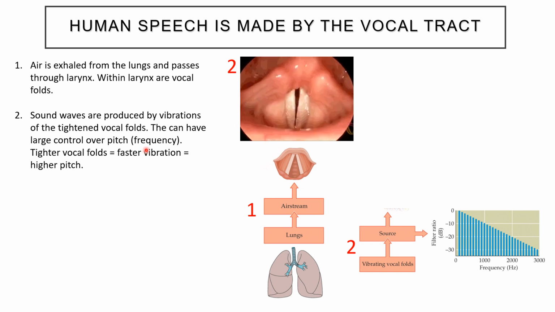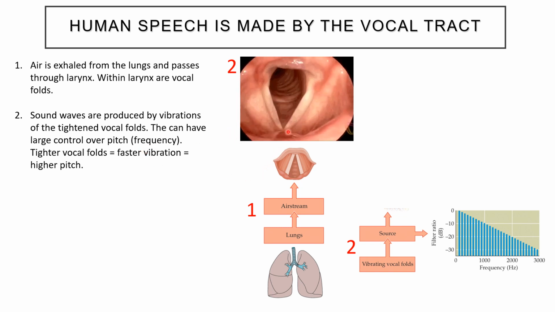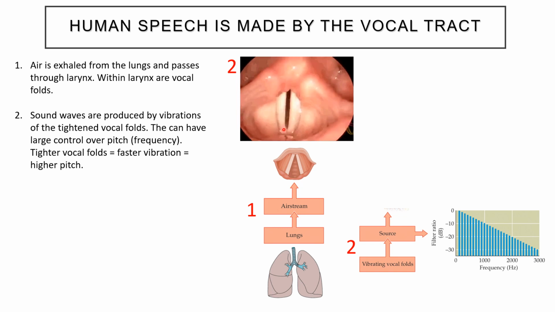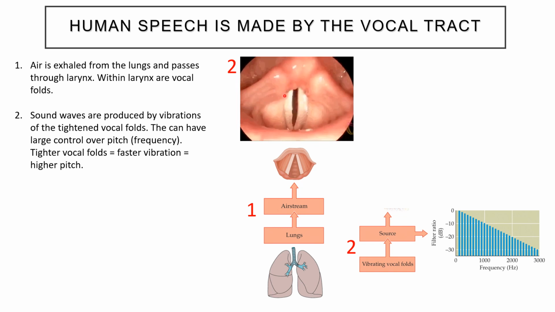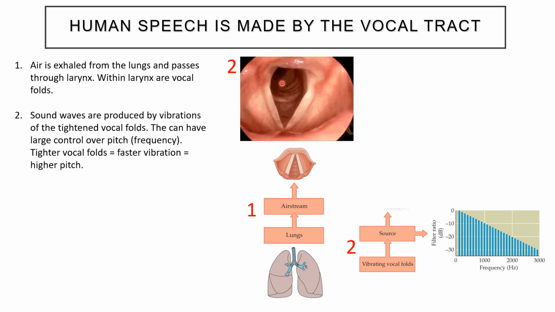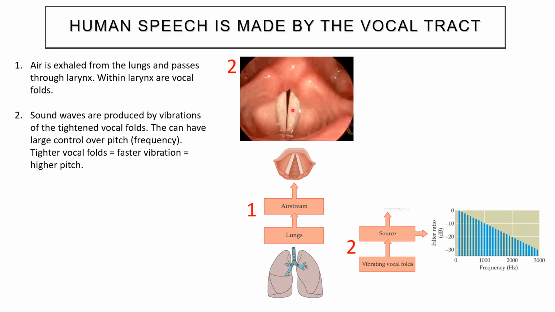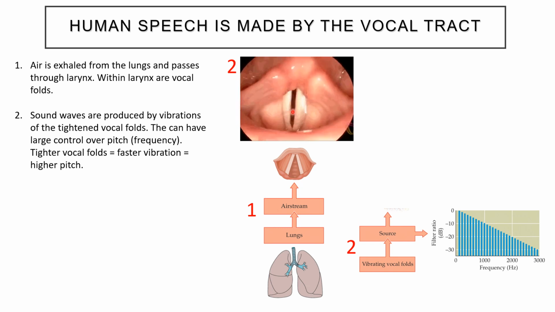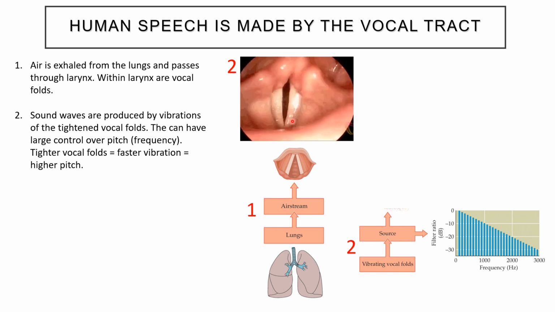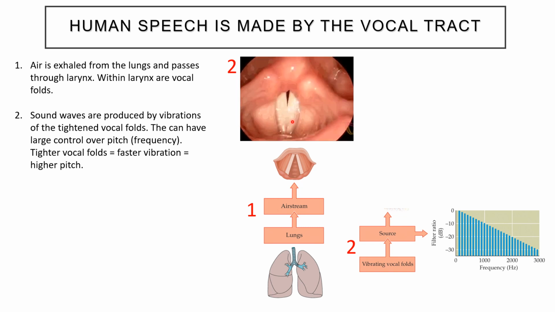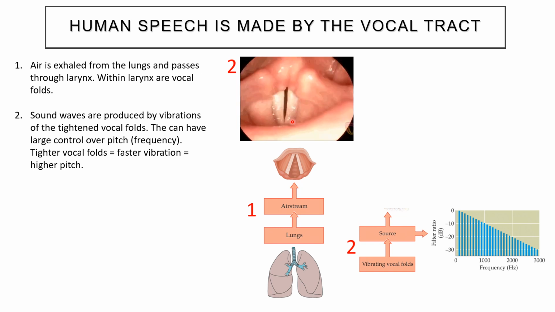So these are the sound waves that are produced by the vibrations of the tightened vocal folds. As air is forced through, and as you can see, there's a portion here where they're contracted, vocal folds are brought close together, air pushes through, and the vocal folds start to vibrate. And that generates a frequency of sound that is going to be the frequency that you speak with.